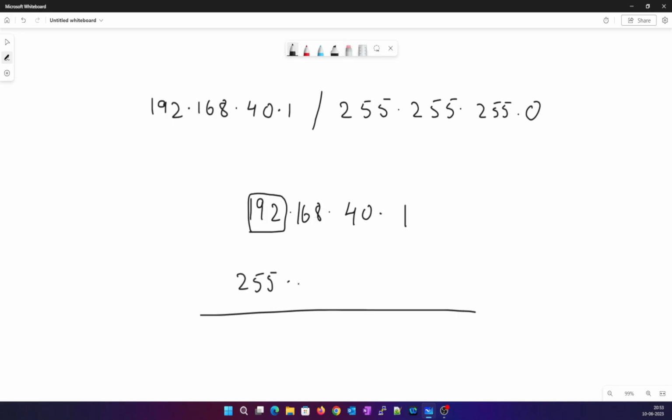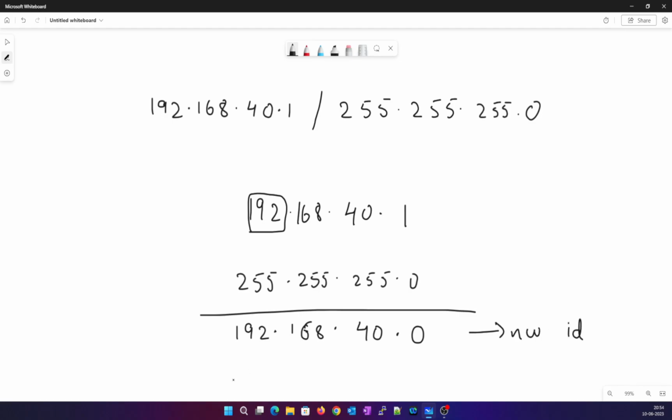As I had said, copy the octet wherever there is 255. So this becomes 192.168, then the zeros stay as zeros. So this becomes your network ID or subnet ID.